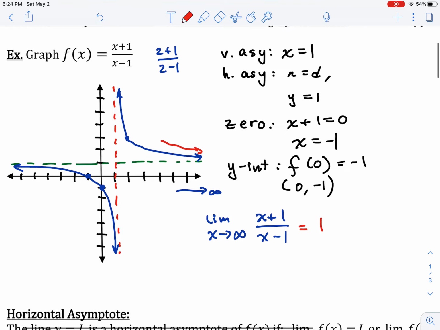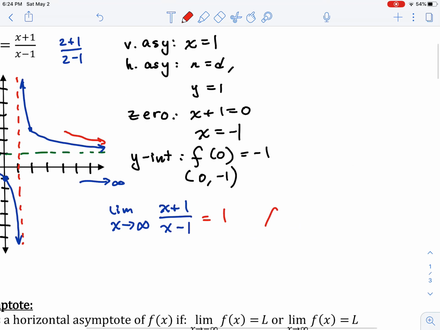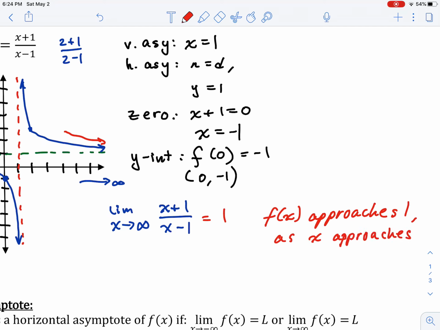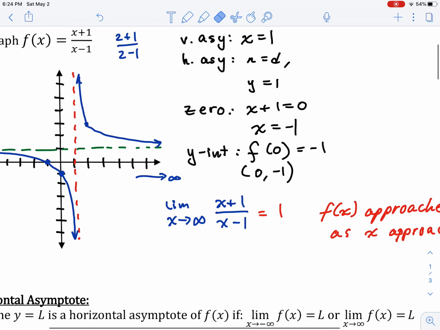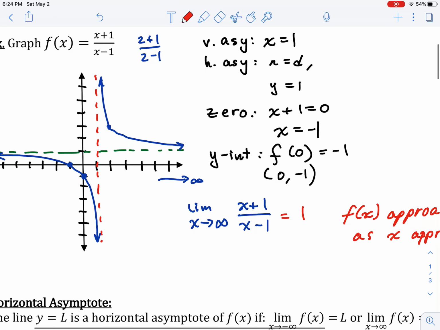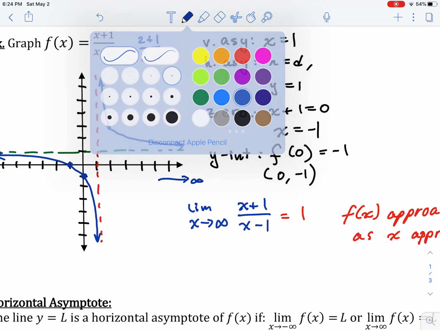It looks like it's getting closer and closer to 1. So let's write that. f of x approaches 1 as x approaches infinity. So we can see here that our limit as x approaches infinity is exactly where our horizontal asymptote is.